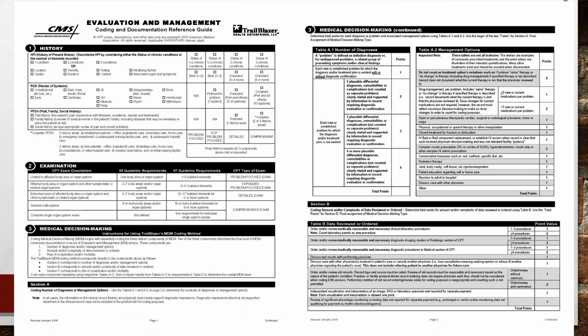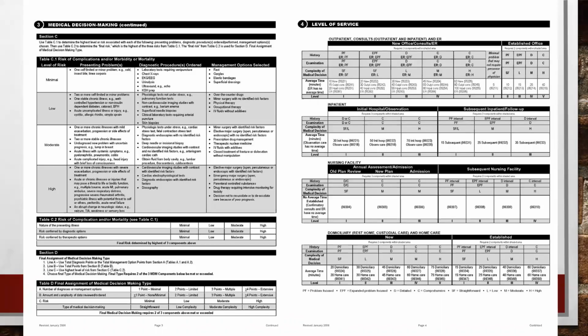So they see your stuff and they hit 4 checks up here in the HPI, and they get 10 checks in your ROS, and they knock off your medical history. They're just flying through this document, getting everything done. So if all your stuff is easy for them to find, I think they're more likely to actually find it, if that makes sense. If you can imagine showing up to work every Monday with 1,000 of these things sitting on your desk.